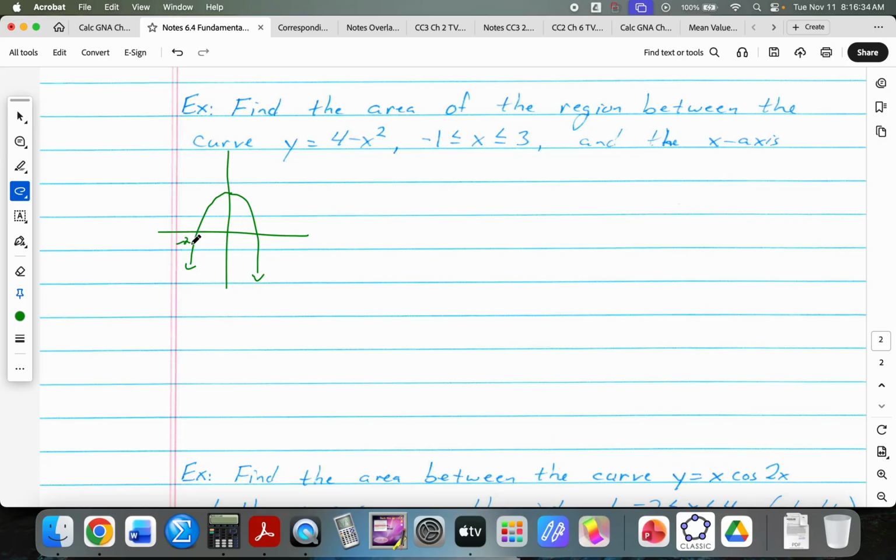And I know that it's going to touch the x-axis or intersect the x-axis at -2 and 2. So if I'm starting at -1, that's here. And if I'm going over here to 3, this is where it gets weird. It's like, okay, eventually these two are going to cross each other, right?